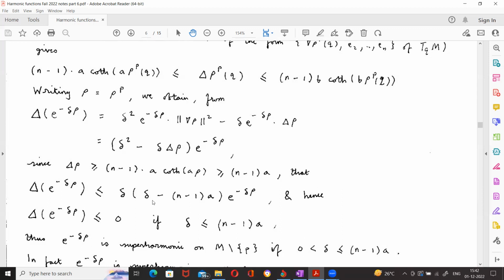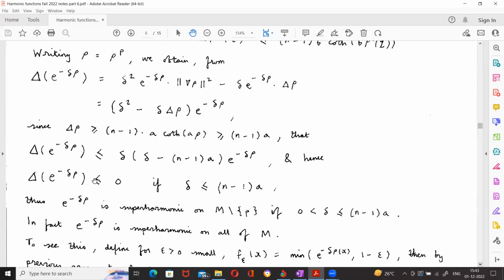So in particular, if delta is very small compared to a, that is, if delta is less than or equal to (n-1) a, then the Laplacian of this e to the minus delta rho will be less than or equal to 0, right? Okay. So that means that e to the minus delta rho is going to be superharmonic on M minus the point P, if delta is less than or equal to (n-1) a. Is that clear? Yeah.